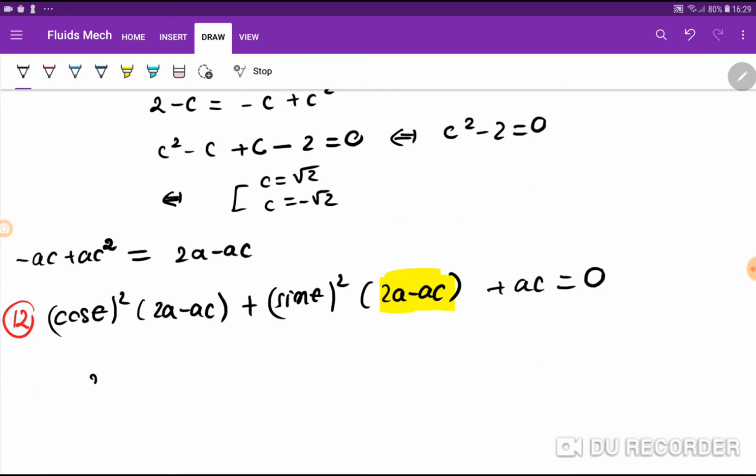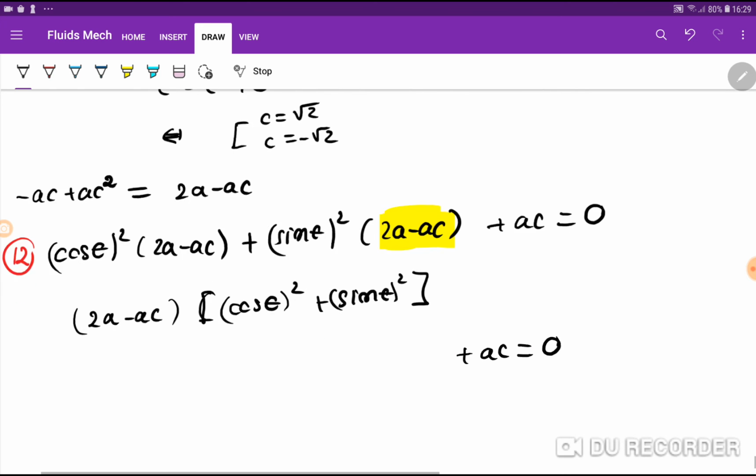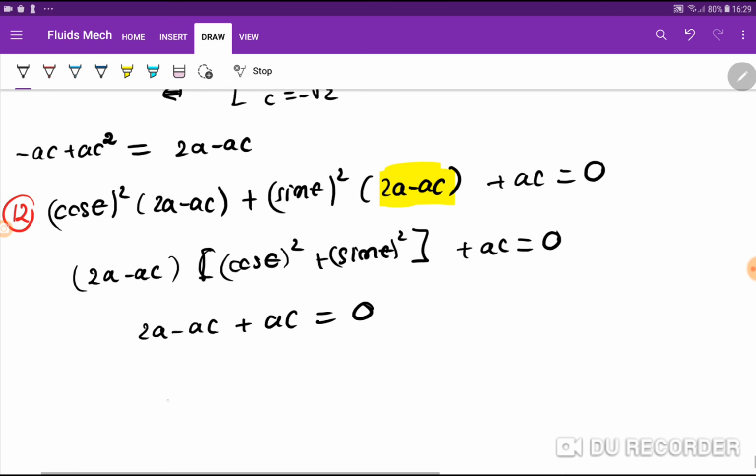So I'm going to factor out this. You see we can factor out cos theta square plus sine theta square, plus ac equals 0. Cos square plus sine square is 1, so 2a minus ac plus ac equals 0. And then what do you have? 2a equals 0.